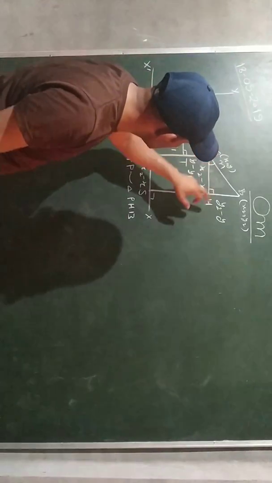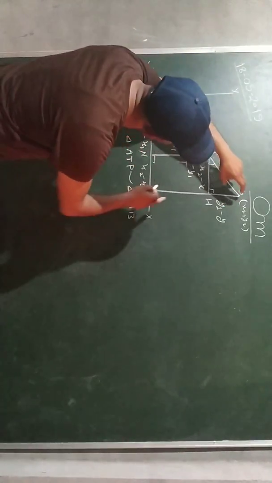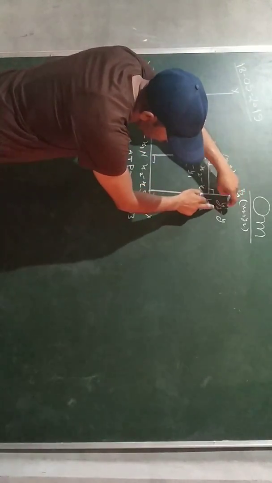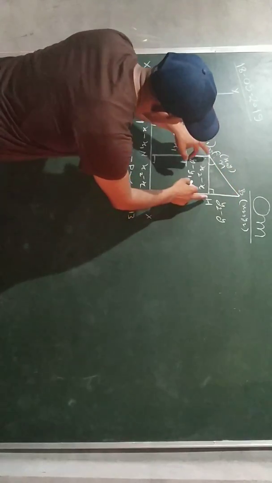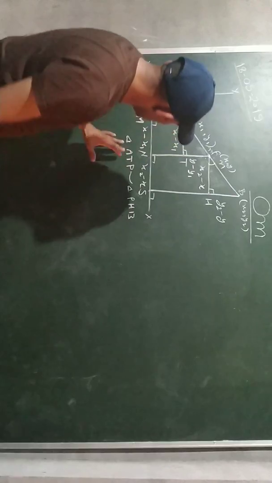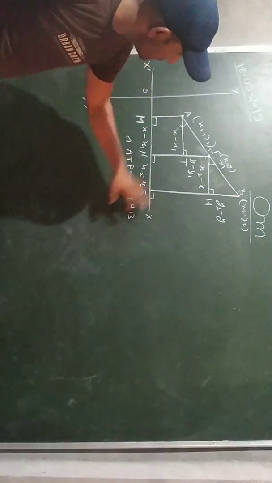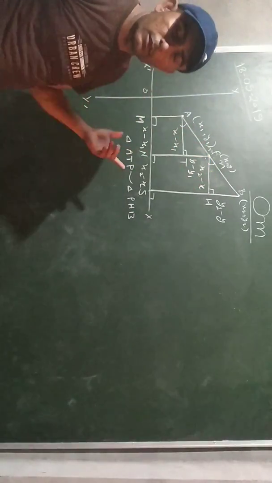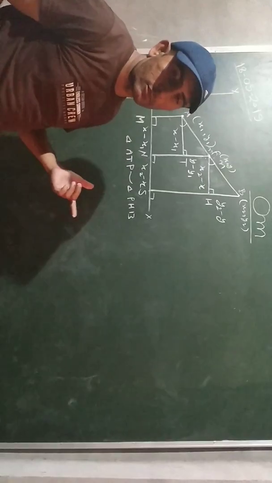In triangle PHB, HB is y2 minus y and PH is x2 minus x. These two triangles ATP and PHB are similar, so the ratio of their sides will also be equal.